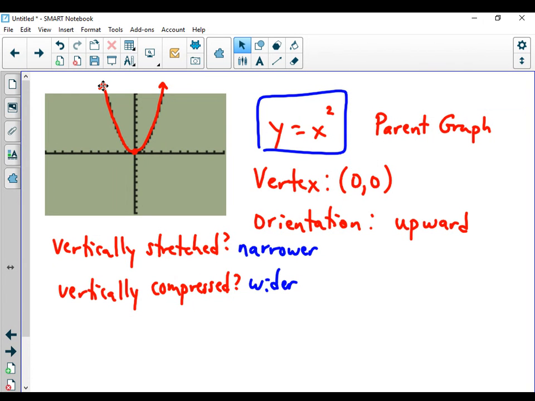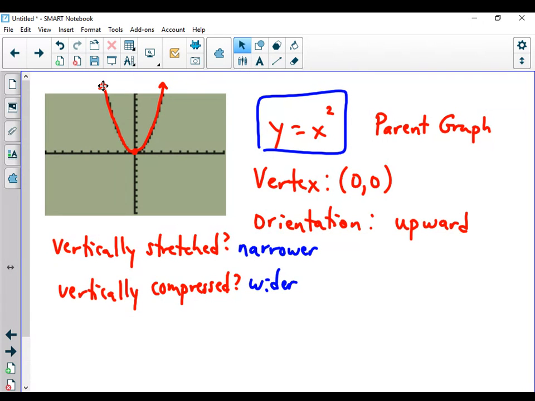I think I understand what you're saying. Let's see if this helps a little bit. If I focus on the vertex, where would the vertex be in this situation now? (3, 0), right? Or in other words, x is equal to 3, y is equal to 0. So whatever equation I have, if I plug 3 in for x, I've got to make sure that y is equal to 0.